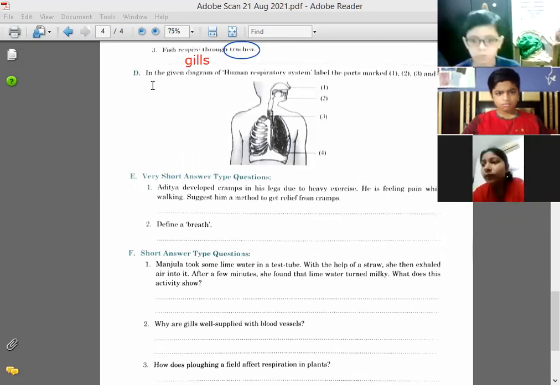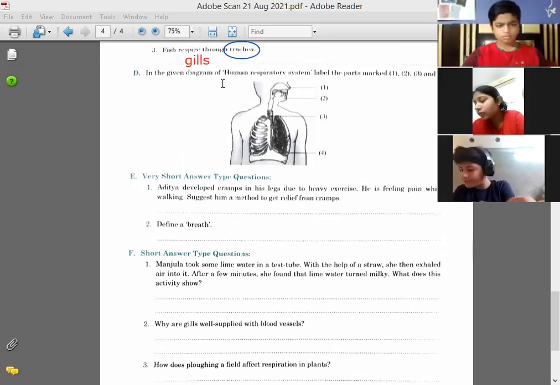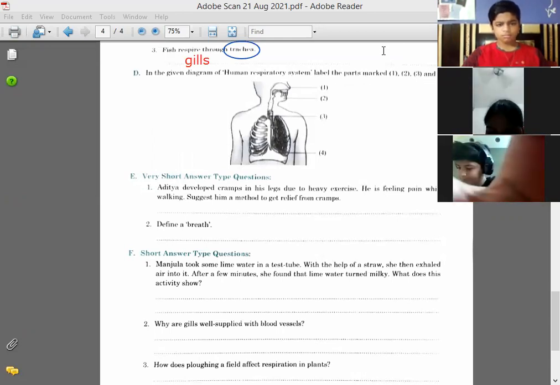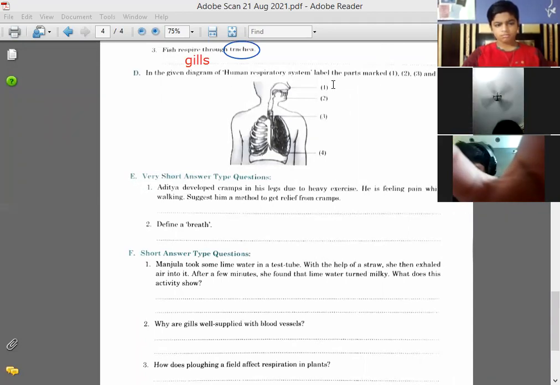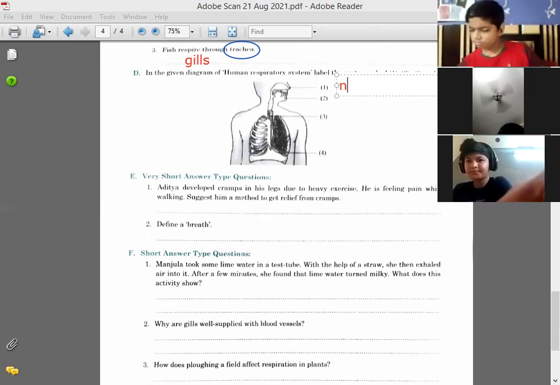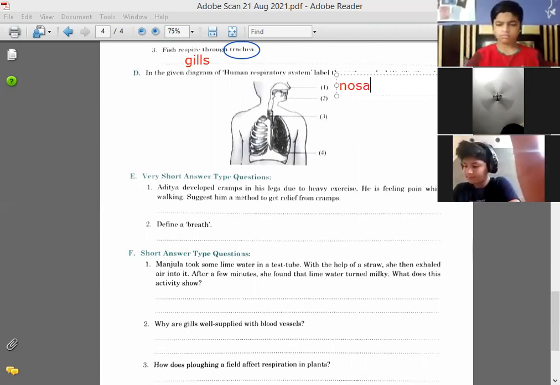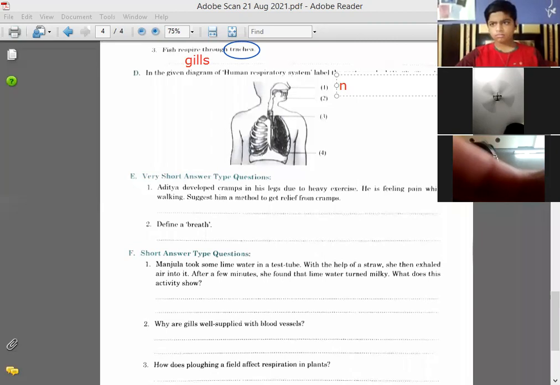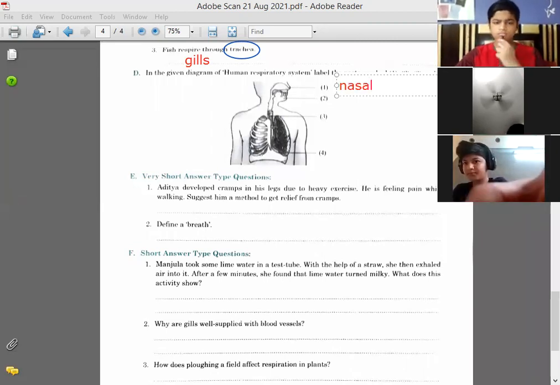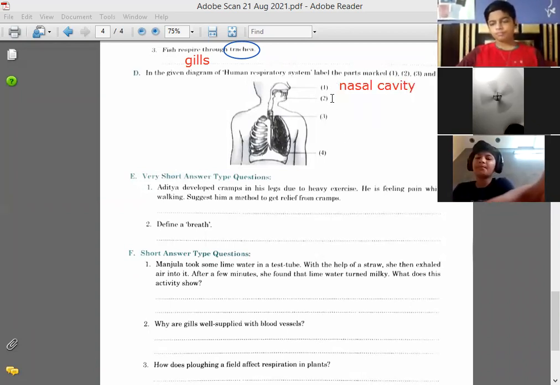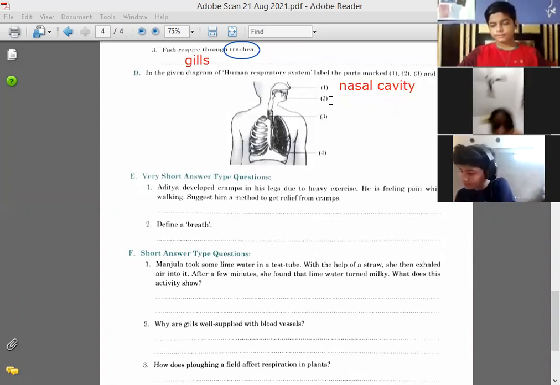Next, part D. In the given diagram of the human respiratory system, label parts 1, 2, 3, 4. So children, tell me which one is the first part? Ma'am, first is nasal passage. Nasal cavity, you can say either nasal cavity or nasal passage. Number 2 is oral cavity.